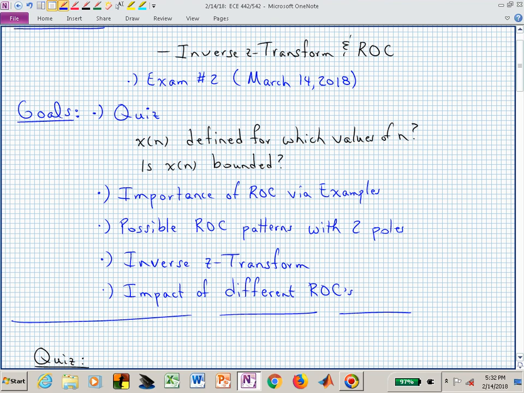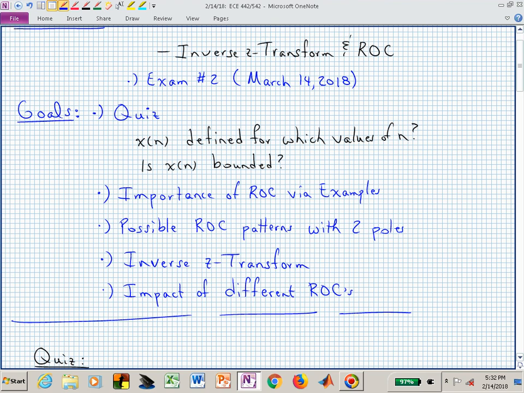All right, quiz. That's where we will start. And that quiz will work with region of convergence and also a little bit more information. And then we will look at a couple of different examples that remind us why we are concerned about the region of convergence. Why do we need that? Hopefully that will become clear from those 2 examples. Then we will look at possible patterns for the region of convergence when we simply have 2 poles.